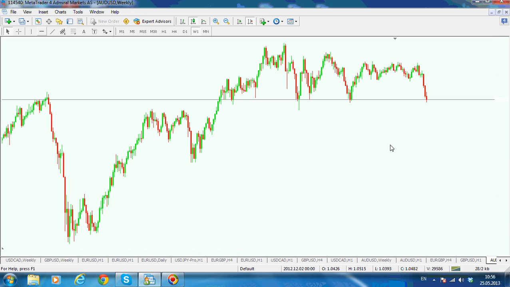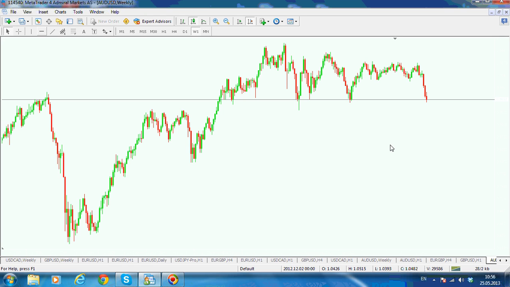Why? Because China is one of the most important partners in economic relations with Australia. 1/3 of Australian exports go to China, and hence what's happening in China influences the Australian economy, and not only the Australian economy, but also the Australian dollar, US dollar.